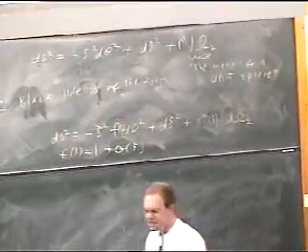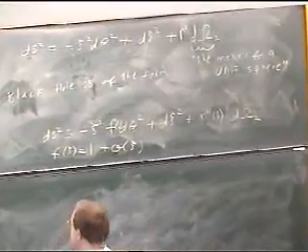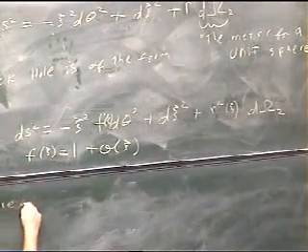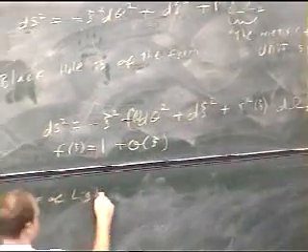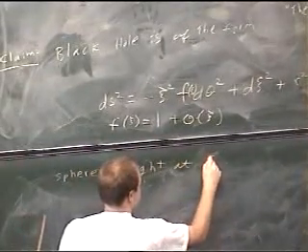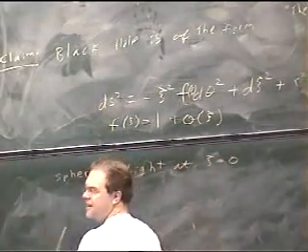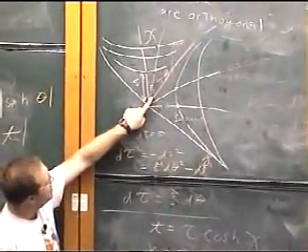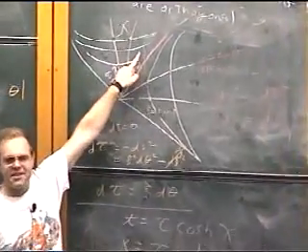Now let's try this one. Okay? Let's ask the same question. What happens if I consider the sphere of light at xi equals 0? An important thing here is to notice that if a light ray starts at xi equals 0, it will stay at xi equals 0, right?